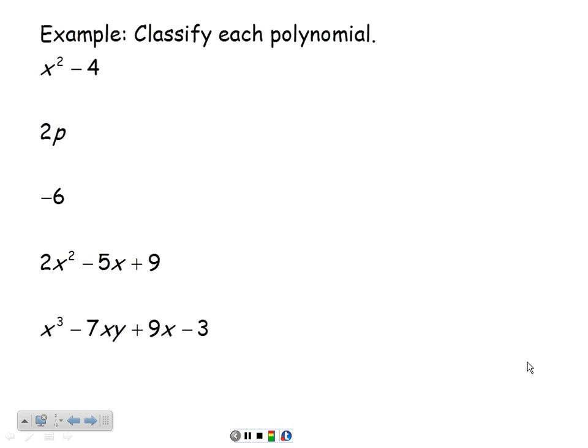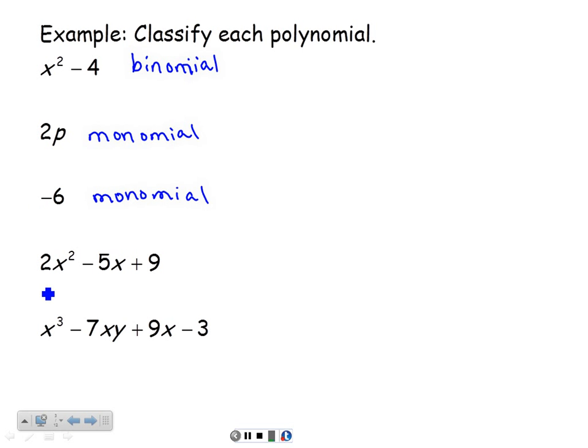So if I ask you to classify each one of these polynomials, well, the first one I see two terms. I see an x squared and a negative 4, and so this is a binomial. For the next one, I just see one term, no addition and subtraction, so this is a monomial. For the next one, again, I see one term, which is a negative 6, so this is a monomial as well.